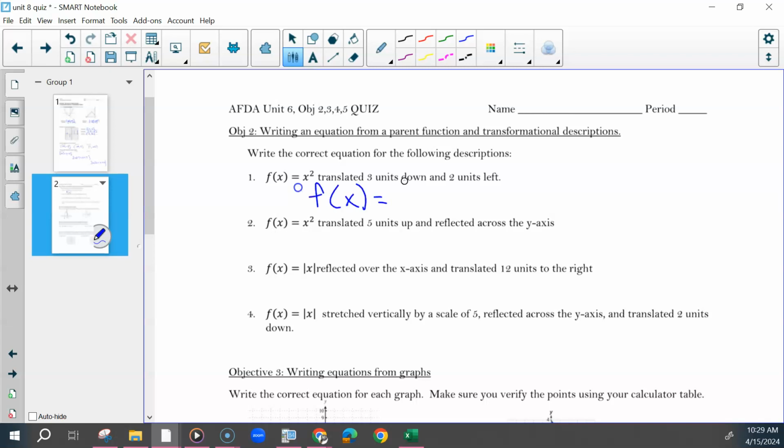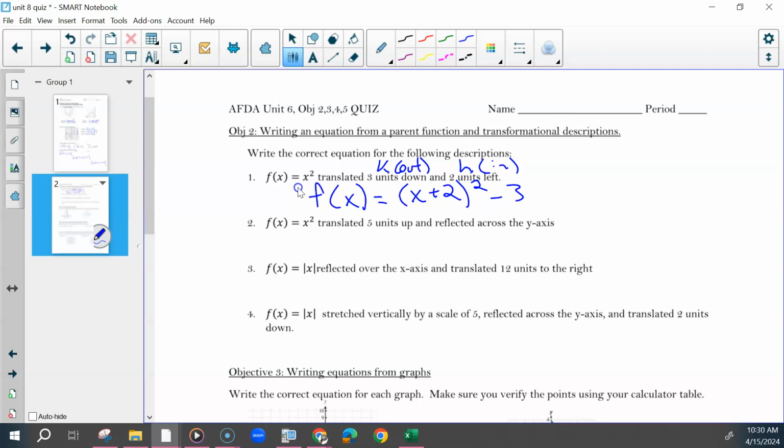This was translated 3 units down, so that was going to be your k on the outside. And 2 units left, that was going to be your h on the inside. So this would have been no a, or you could put 1 on the inside, (x + 2) squared, because this is squared, and then minus 3.